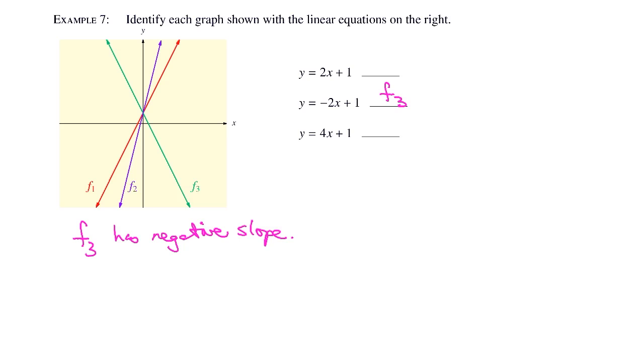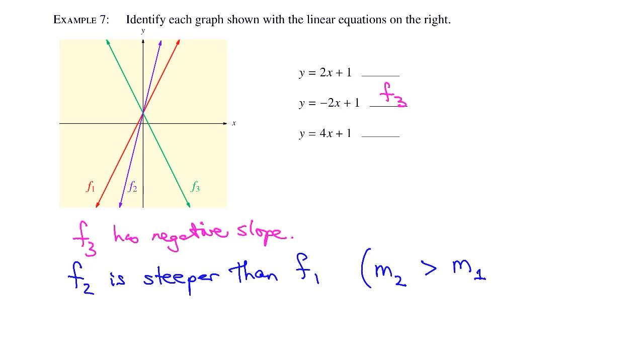Next, we need to distinguish between F1 and F2. Notice that F2 is steeper than F1. When a line is steeper than another line, that means it has a larger slope. So this tells me that the slope for F2 must be larger than the slope for F1.